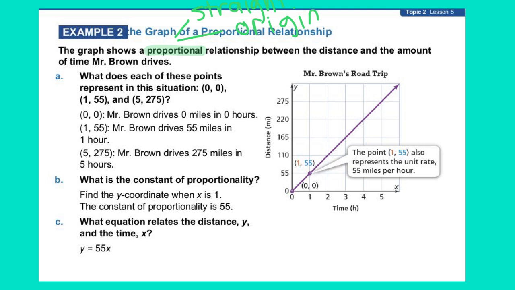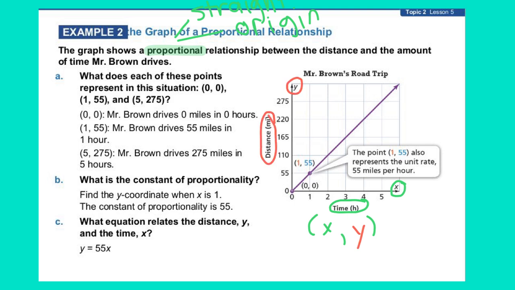What does each of these points represent in this situation? So we need to go back to knowing what an ordered pair is. An ordered pair is the X number first. Remember, the X number is down here. That's the label. Followed by the Y number, which is up here.